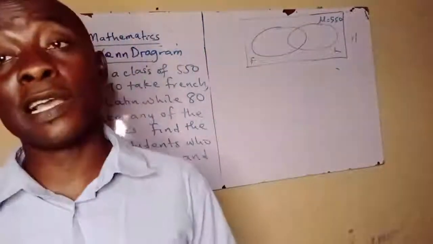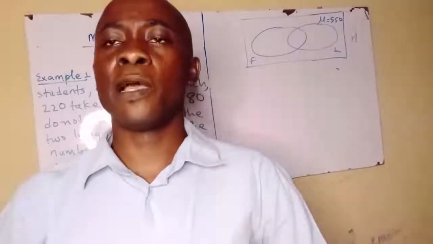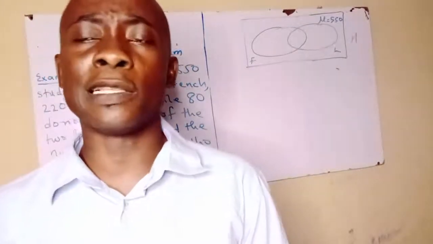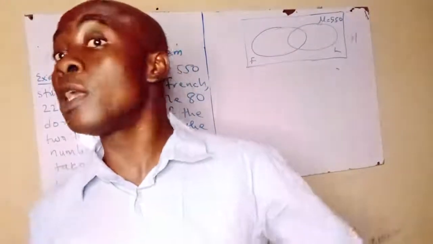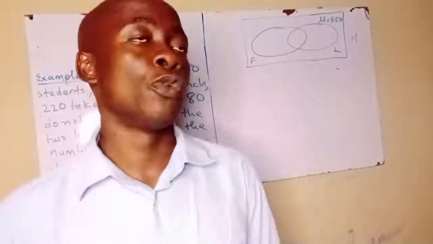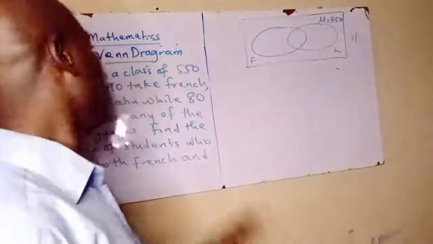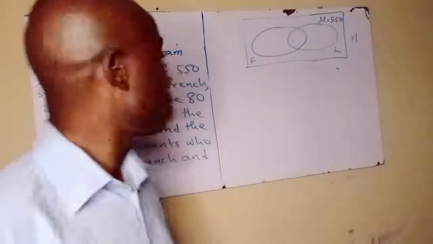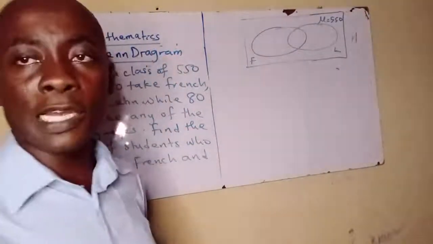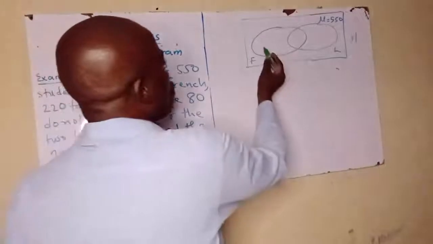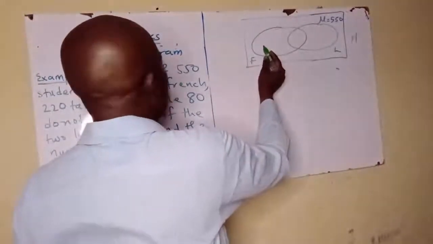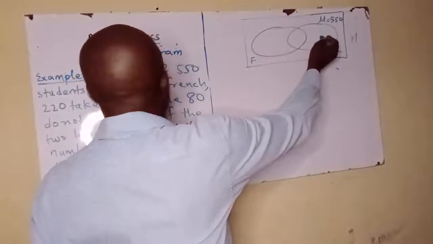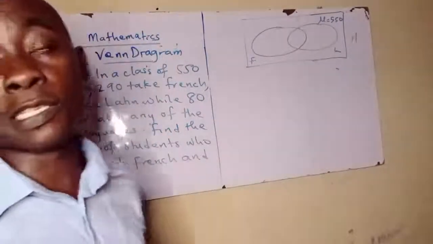They never said Latin only. Some people taking Latin may also be taking French, and we don't know. They just say 290 take French, 220 take Latin. So that is not clear enough. We cannot just put 290 in the French region, or 220 in the Latin region.